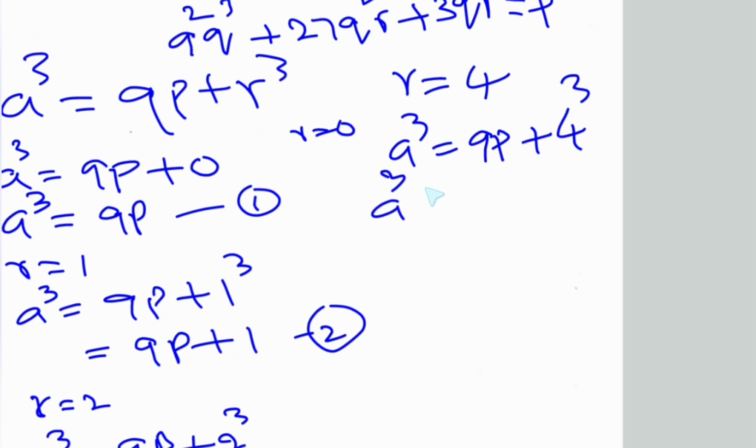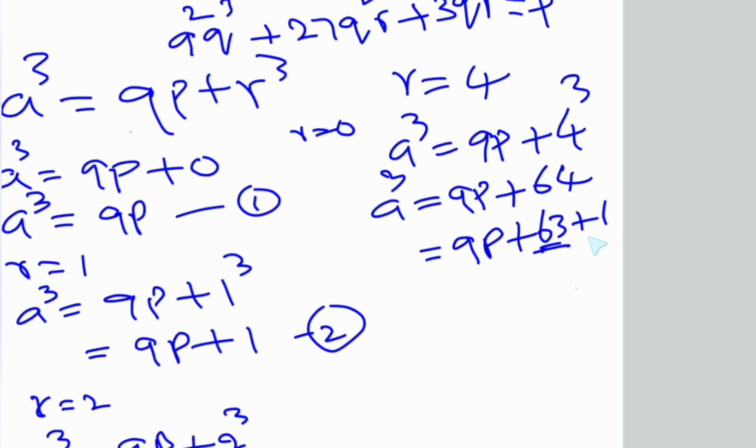We can write a cube is equal to 9p plus 64, and 64 is 63 plus 1. 63 is a multiple of 9, so it is 0. Then a cube is equal to 9p plus 1. This is number 5.